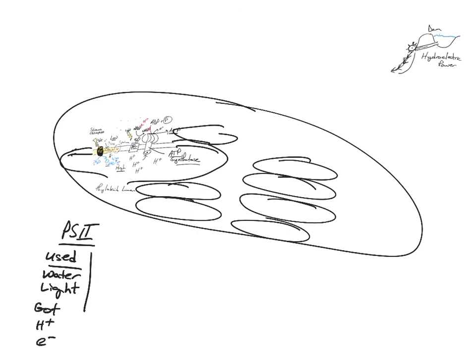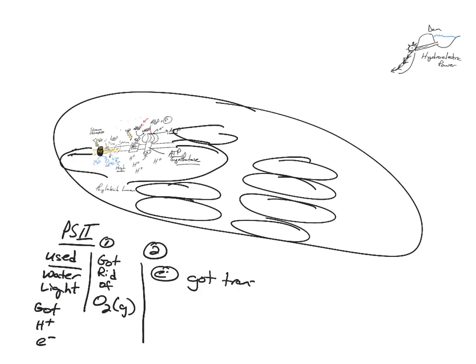And what did we get rid of? Oxygen gas. That's the first step. And the second part of photosystem 2, what did we do? The electron got transported, just moving down the membrane.